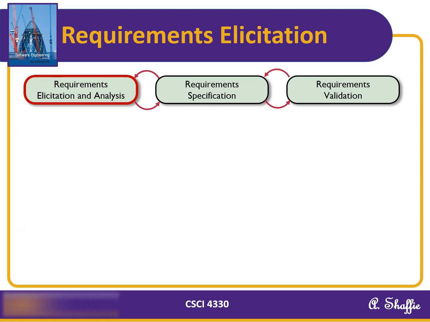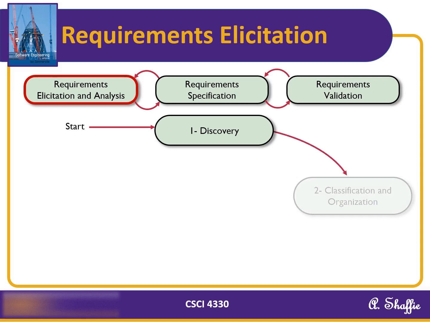The process model for requirements elicitation and analysis consists of 4 key stages. The first one is requirements discovery. Interactions with stakeholders are used to understand the requirements and the system domain needs. Then we will have requirements classification and organization, which involves organizing the collected requirements into coherent groups.